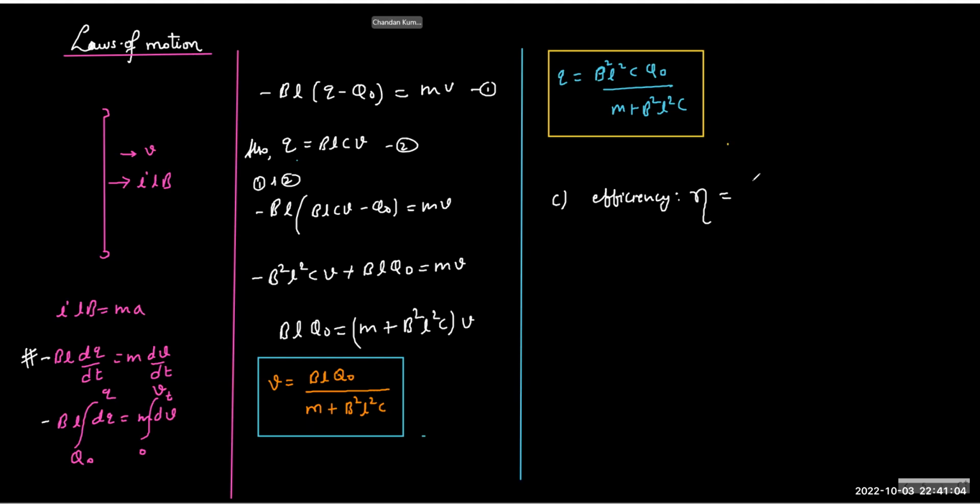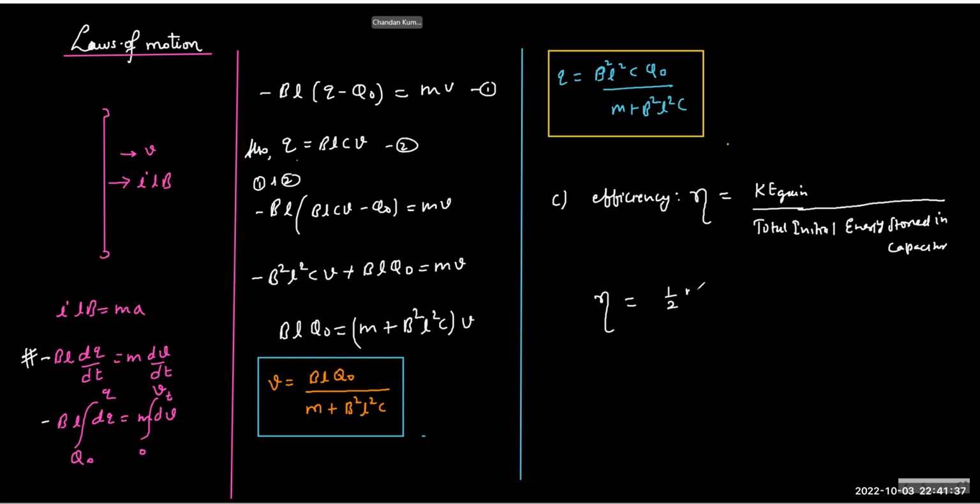It is defined as the kinetic energy gained upon the total initial energy stored in the capacitor. What amount of stored energy were we able to convert into kinetic energy? That is called efficiency.